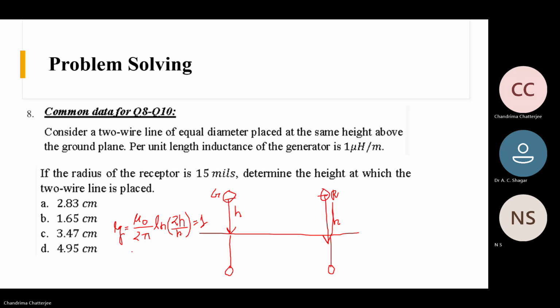Here you will have to take 1 into 10 power minus 6, or if you take it in microhenry, then mu naught is 10 power minus 7, so you just multiply by 10 power 6 here. Understood, right? Yes, ma'am. So the units should be compatible.